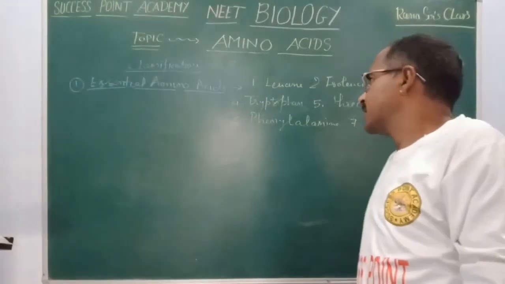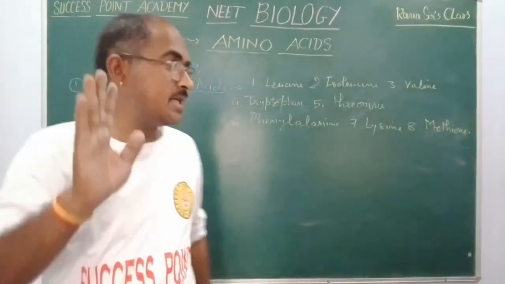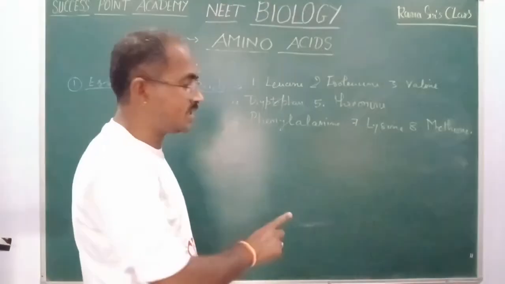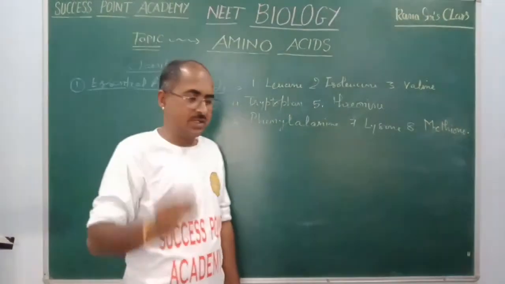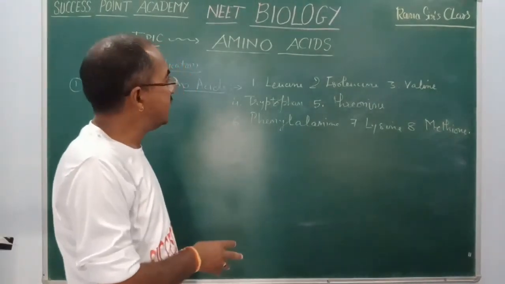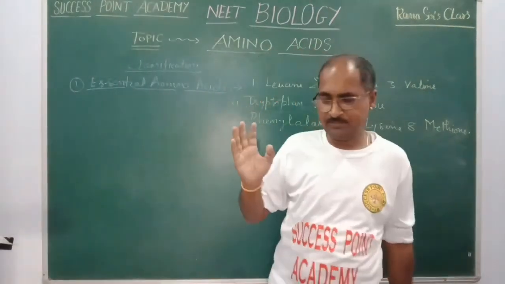So students, there are only 8 essential amino acids, and they are leucine, isoleucine, valine, tryptophan, threonine, phenylalanine, lysine, and methionine.